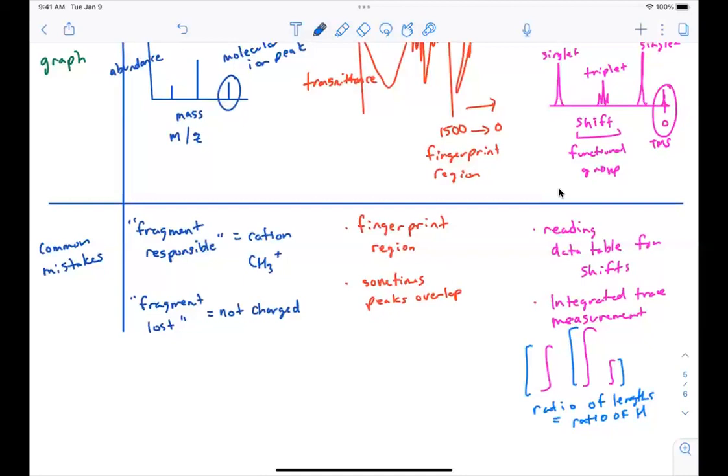But you have 9 in your formula, so 9 and 8 don't mesh. So double check your measurements and see if there's something that you did wrong in your measurement. Maybe you read it wrong because the numbers should make sense. So if you have 8 in your ratio, it should either be 8 or 16 or 24 in your formula. It can't be 9 or 10. If it's 9 or 10, you did something wrong. That should be a red flag. If your ratio doesn't make a factor of the number of hydrogens you have, that's a red flag.